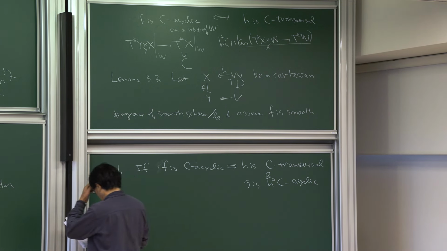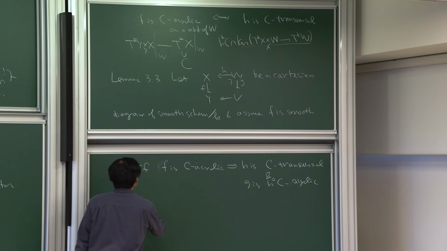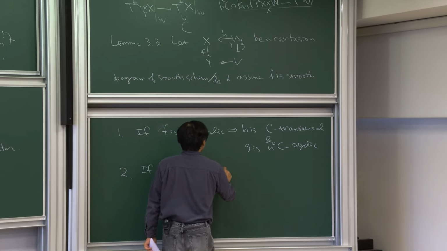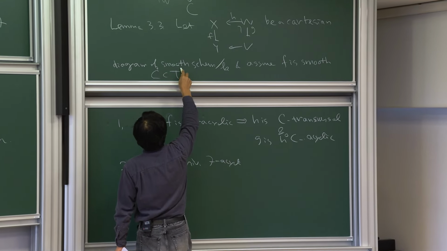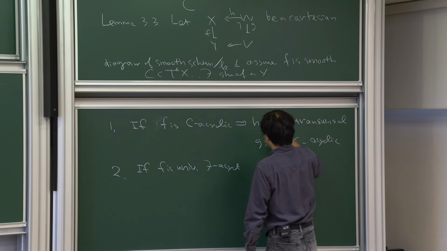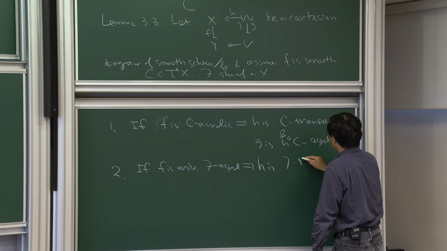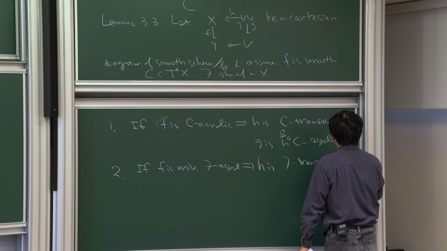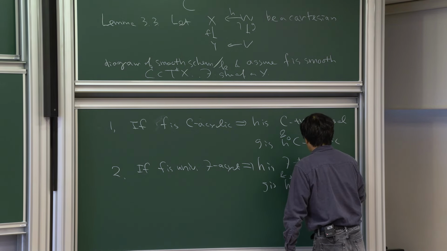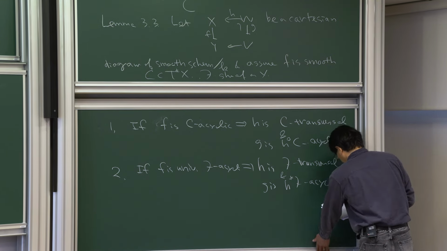We have this implication. And correspondingly, if F is universally F acyclic, where C and F are given, then similarly H is F transversal, and G is H star F acyclic. So we have such properties.